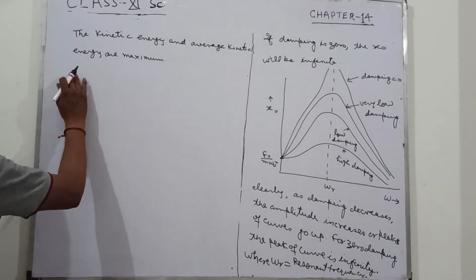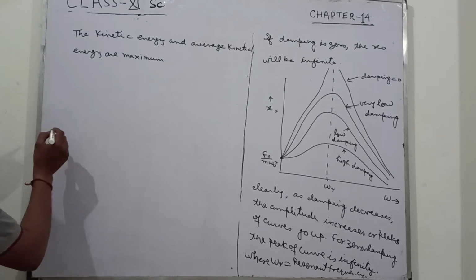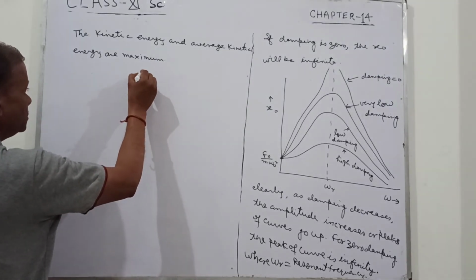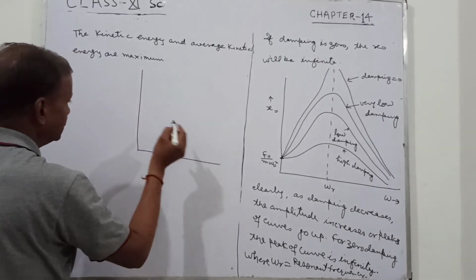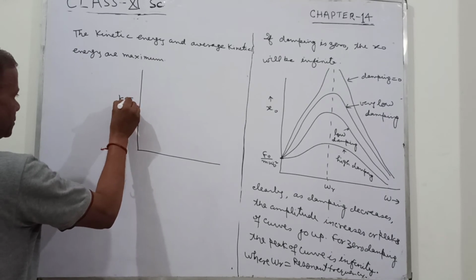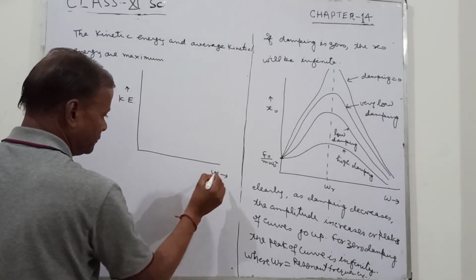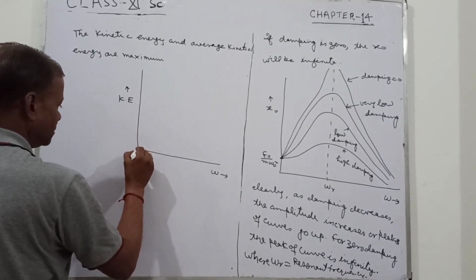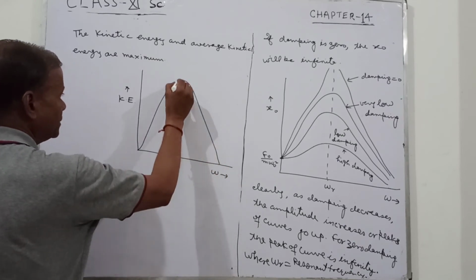So now this is the kinetic energy. On this side we have omega, and the curve is like this.